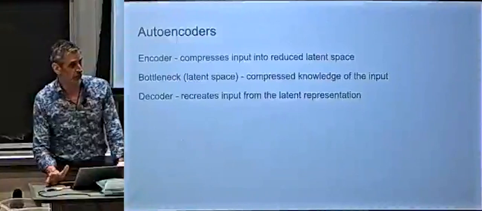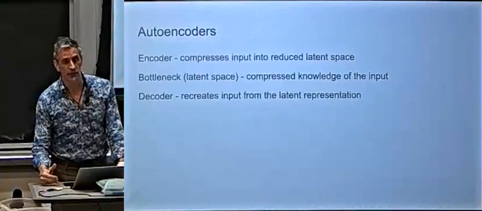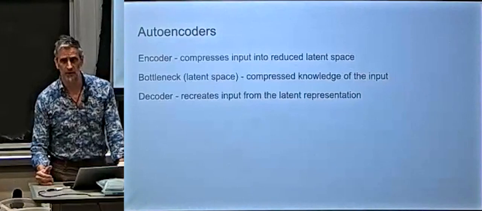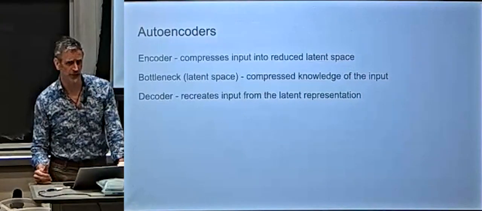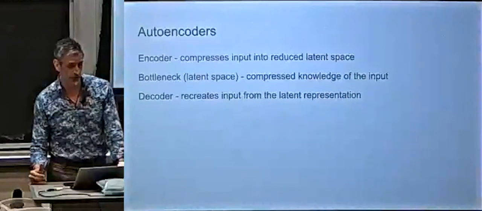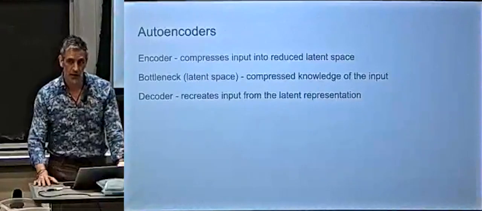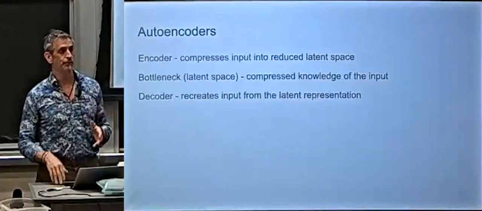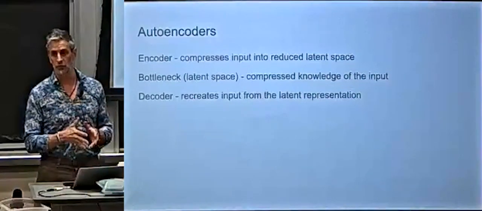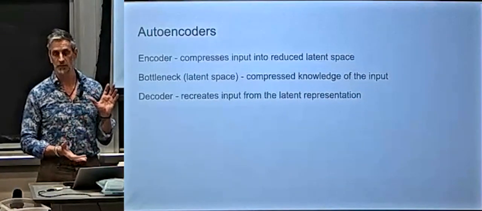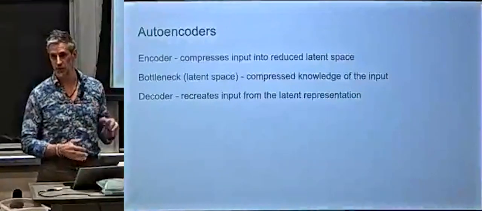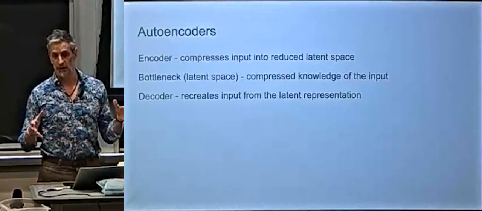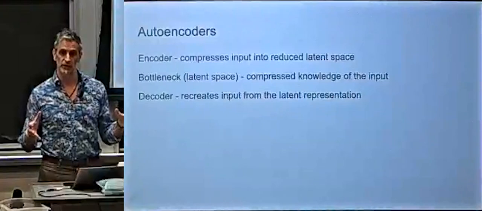Before we get into one of the workhorses of generative models, variational autoencoders, I want to step back and refresh our memory as to what an autoencoder is. An autoencoder is a model where we have some input, we have an encoder, and then we take that high dimensional input, maybe an image. If it's a 1,000 by 1,000 image, that's 1 million different pixels.